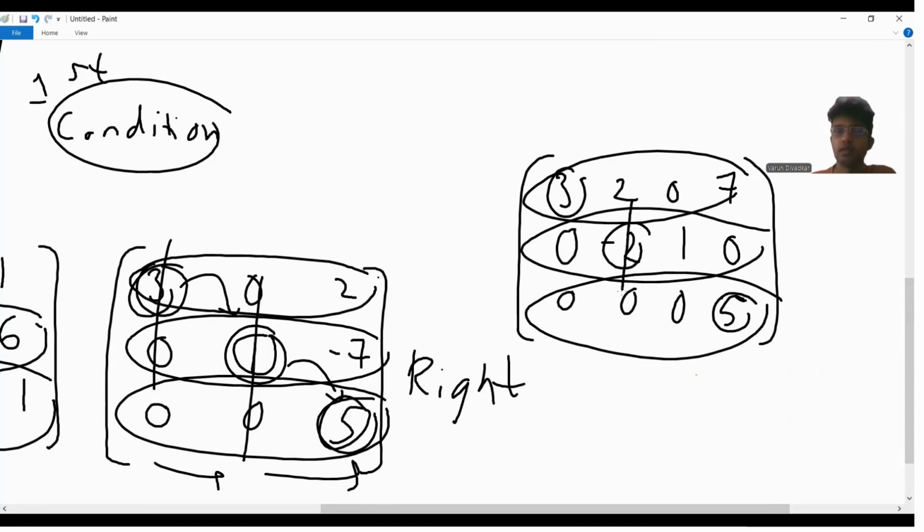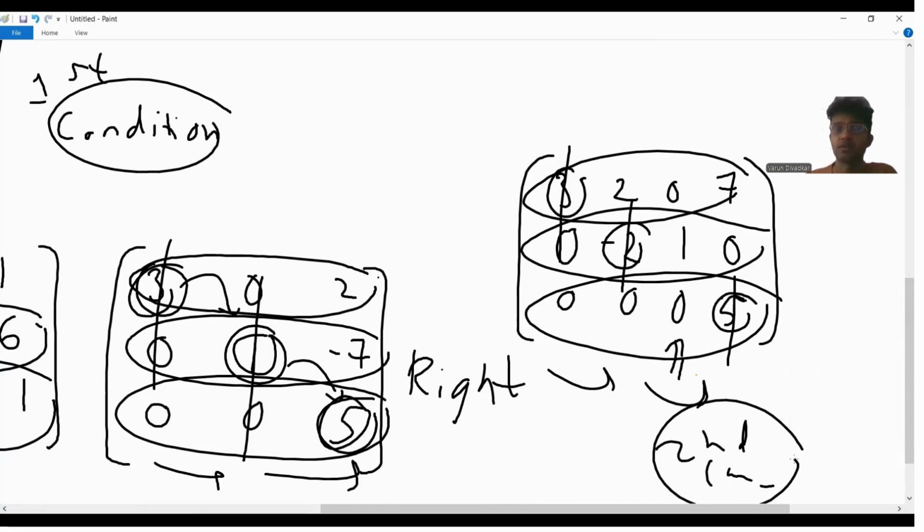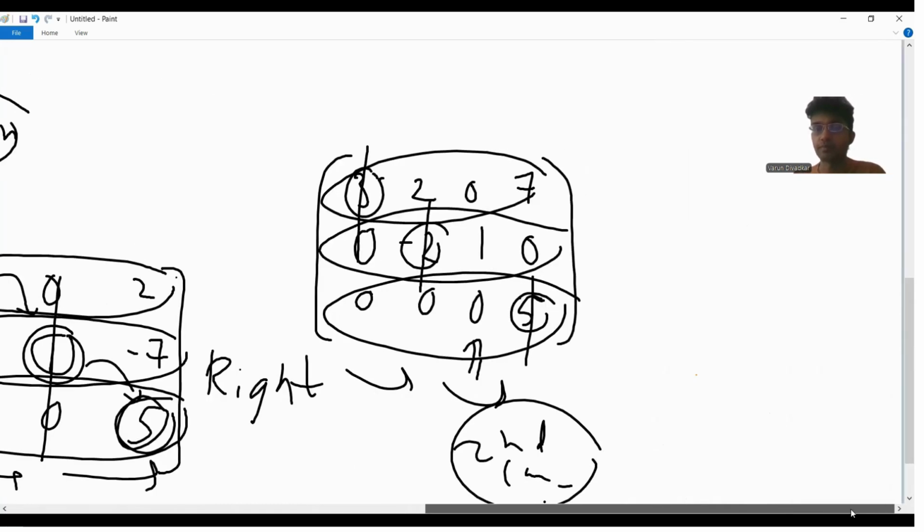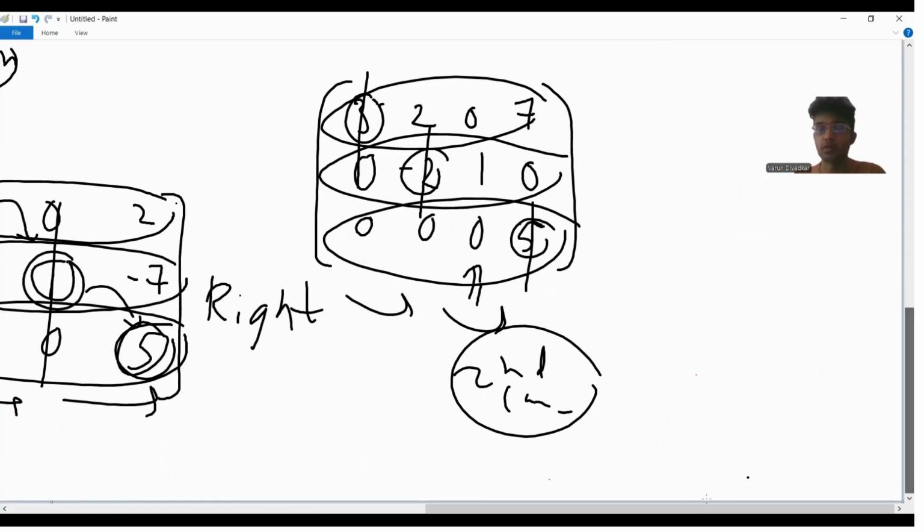So this is to the right of this, and this, even though there's a displacement of one place here, is still to the right of this. So this satisfies the second condition. If the first condition is also satisfied, then this would be an echelon matrix. So that's the second condition of a row echelon form.